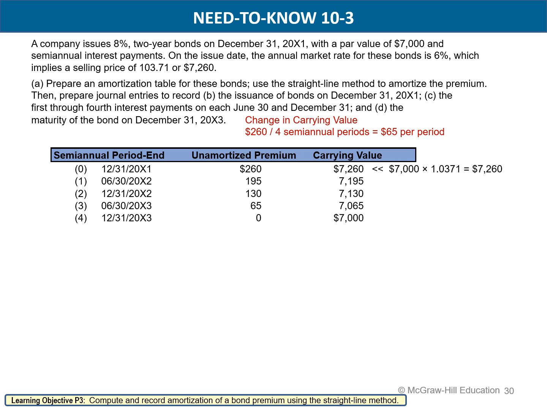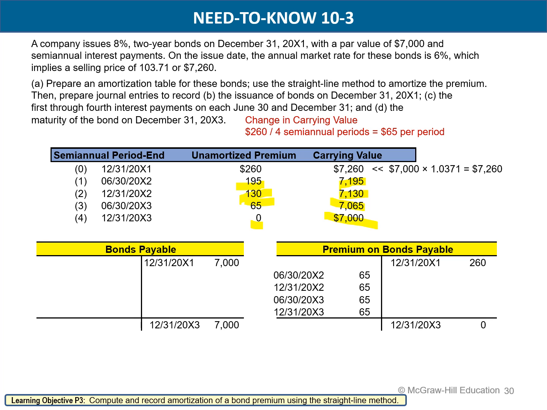As you amortize 65 of it, you get to $195, and you reduce your carrying value by that $65 to get to $7,195. Then you reduce again by 65, again by 65, and again by 65, and then you get to 0 premium and your $7,000 par value.